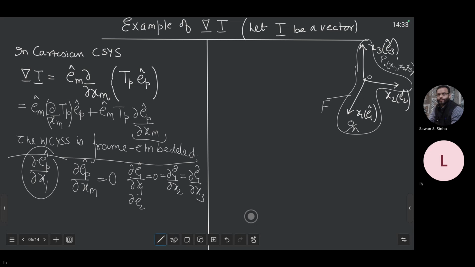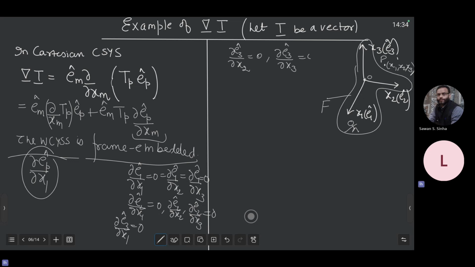Just feel like writing the whole thing here. Take any unit vector, take any coordinate, 0. I will remove this and write all these 9 equations. Okay, so going back, I don't have to worry about this.